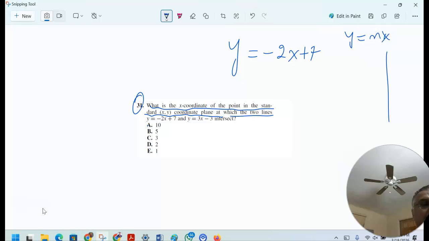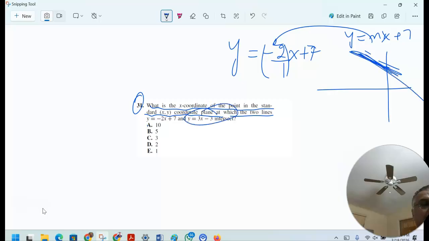The slope is minus 2 over 1, so the line goes this way, with y-intercept 7. The second one is y equals 3x minus 3, so the y-intercept is minus 3, and the slope is 3, meaning every run of 1 it goes 3 up.